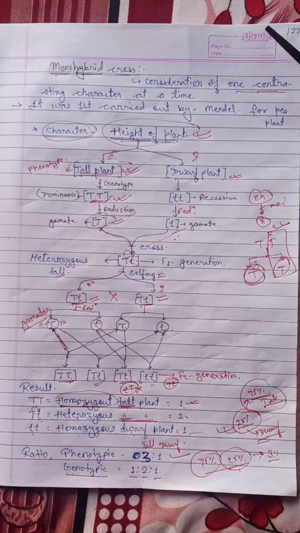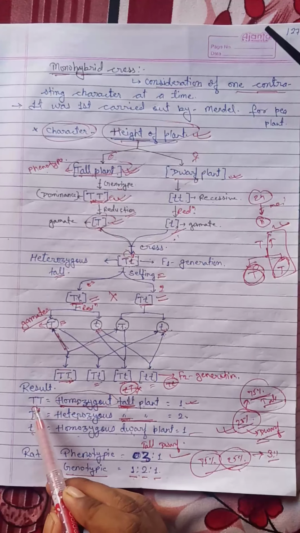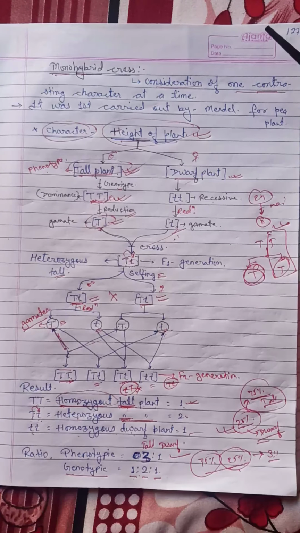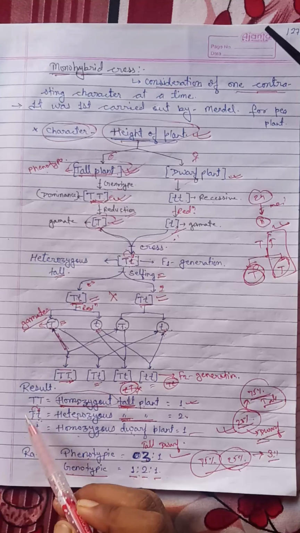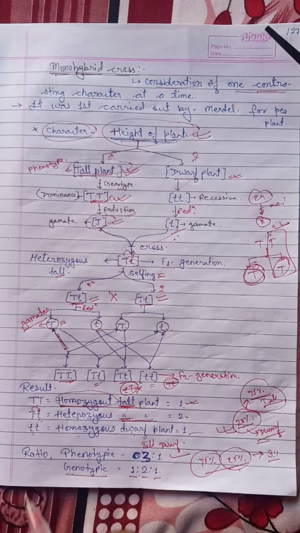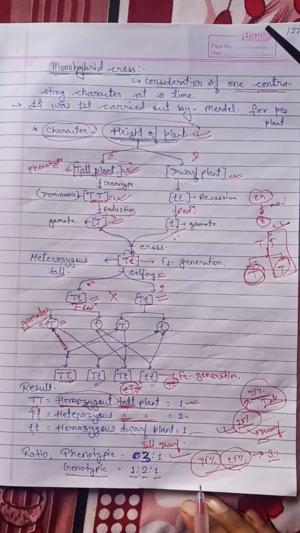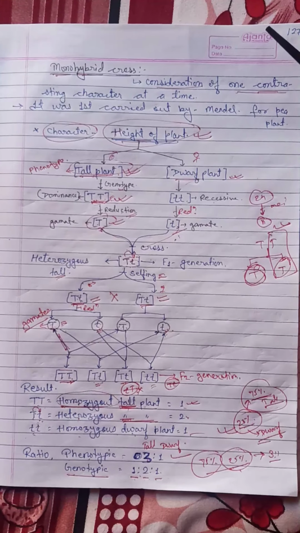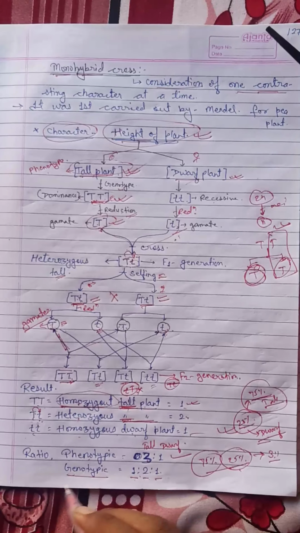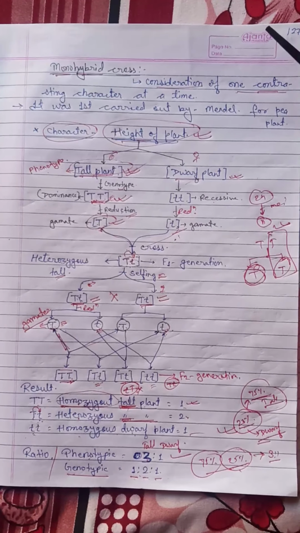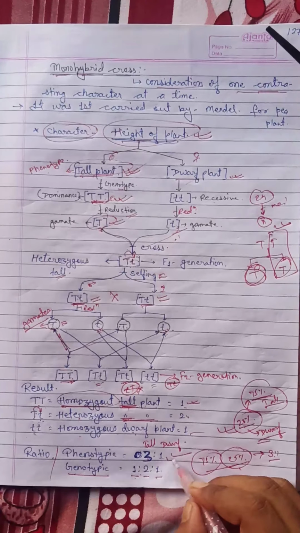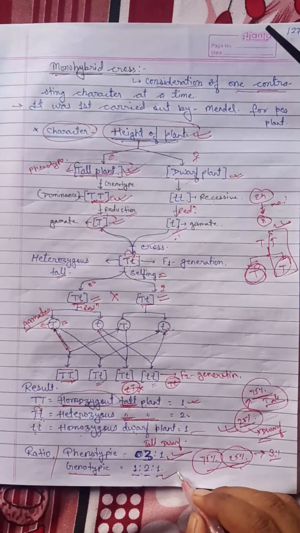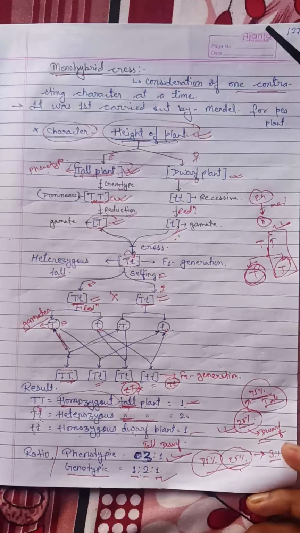We will always consider the genetic representation, how many genetic representations occur for a particular characteristic. Is it clear? So remember the ratios: the phenotypic ratio is 3:1, while the genotypic ratio is 1:2:1. Is it clear?